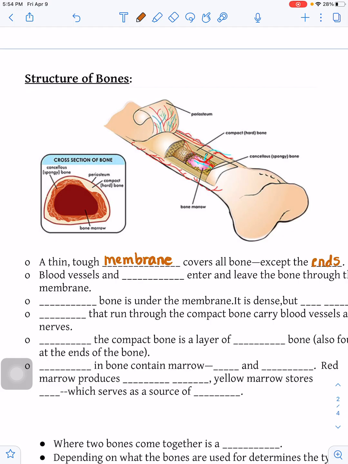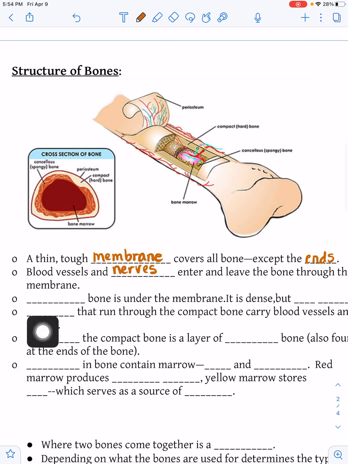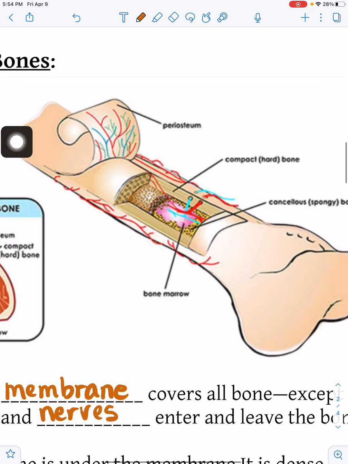Blood vessels and nerves enter and leave the bone through this membrane. Now, the membrane is called periosteum, and I'm going to label it on the diagram here. Sometimes it's called the membrane. The periosteum is the hard word.